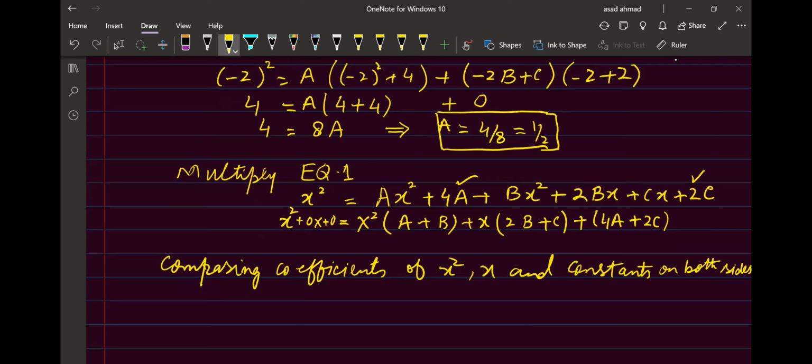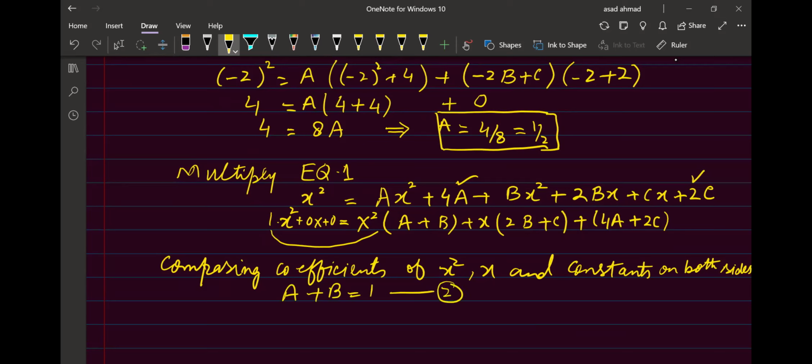So you will compare, and you can see that the coefficient of x square is A plus B. So we would write A plus B is equal to 1. We can name it as equation number 2.